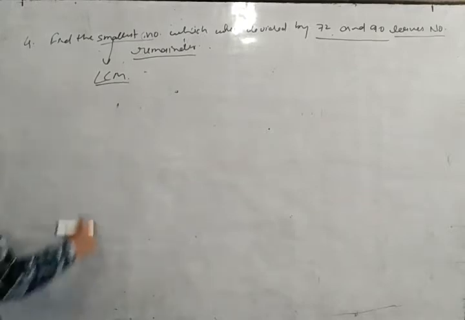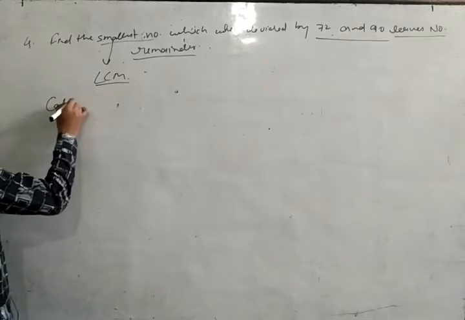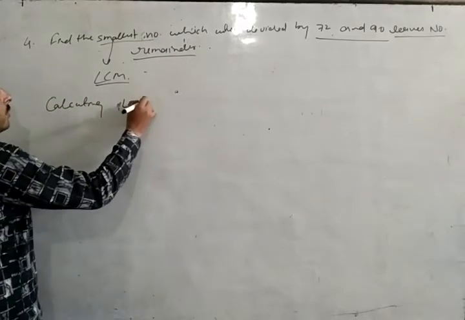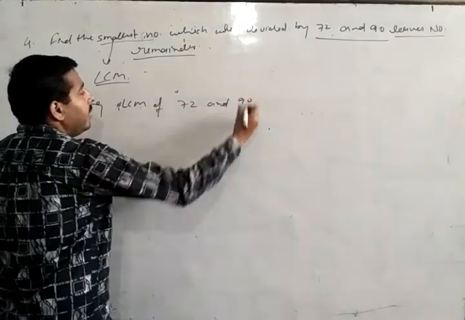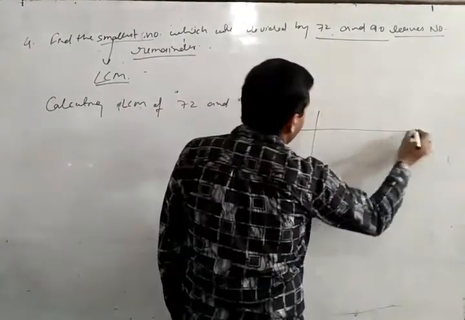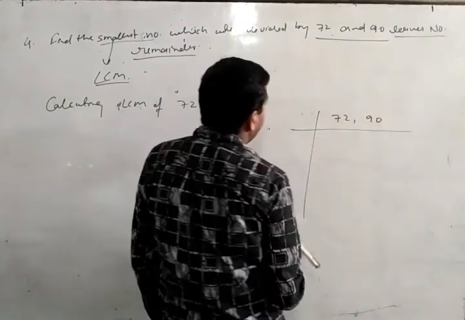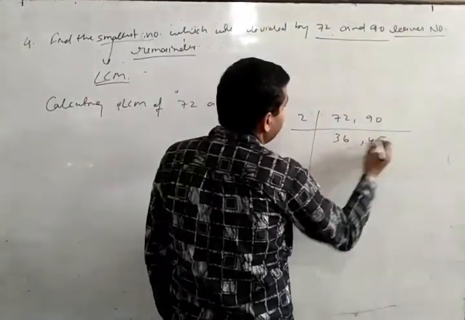Okay. Now we have to calculate the LCM of 72 and 90. We will calculate it by the division method. 72 and 90 divided by 2, we get 36 and 45.